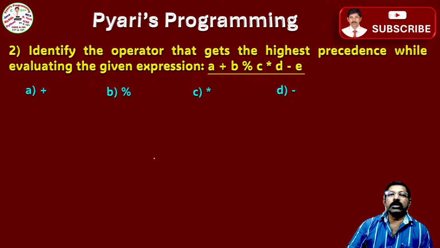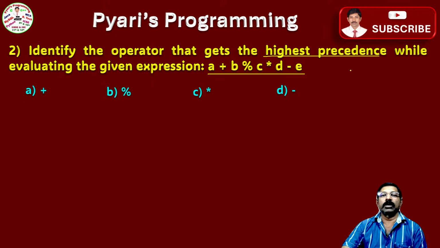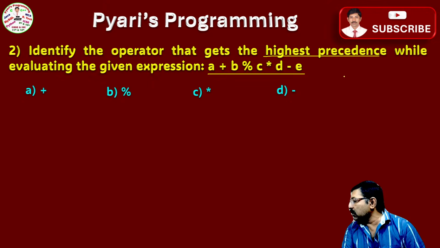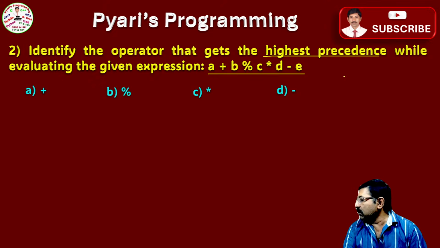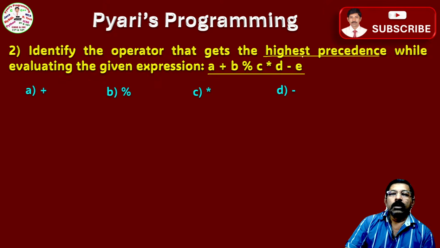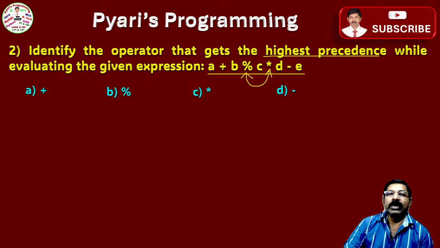Okay. It is asking about the highest priority while evaluating this expression. I'm really surprised some students of class 10 are giving the wrong answer. Okay, we can see that modulo and multiplication both have the same priority. So if an expression has the same priority, then it will evaluate from left to right.